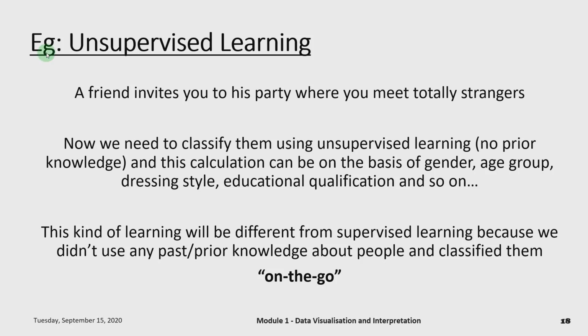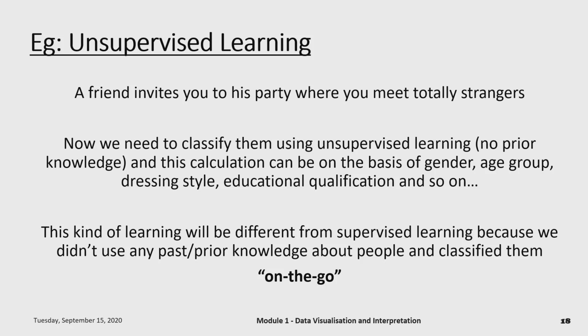This is an example which we saw in our last lecture, that a friend invites you to his party where you do not know any of those persons. You're meeting everyone as a stranger. Now you need to classify them using unsupervised learning. That is, you're unaware of any of those persons who are being invited to the party, and you, as a friend to them, will classify them on the basis of gender, age group, their dressing style, and education qualities, and so on.